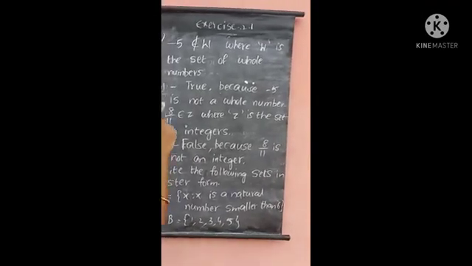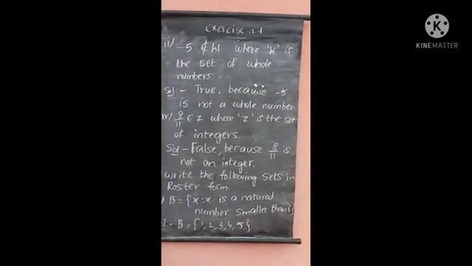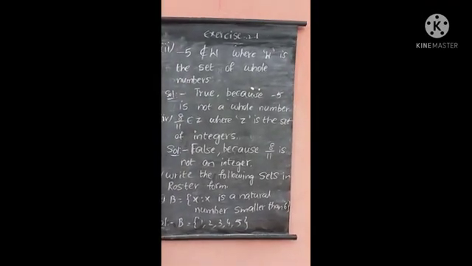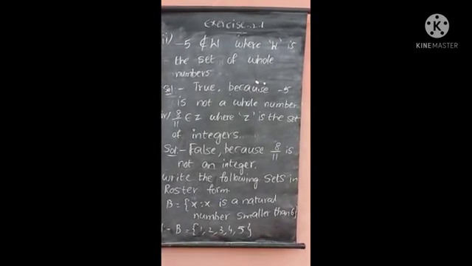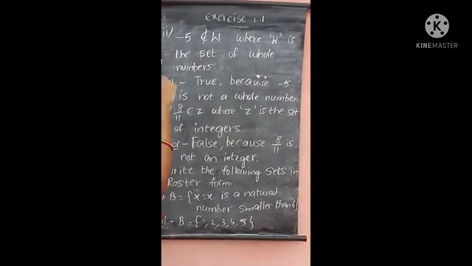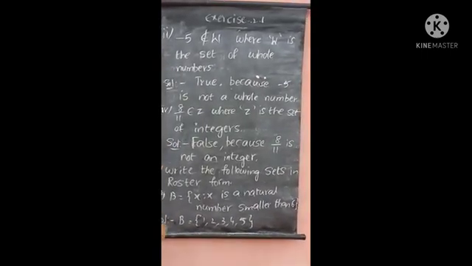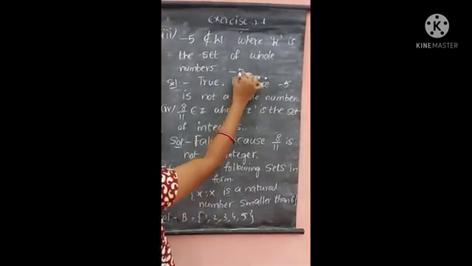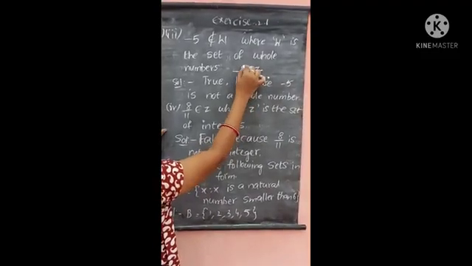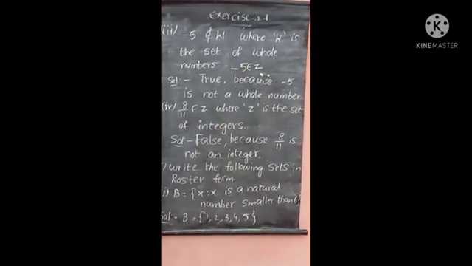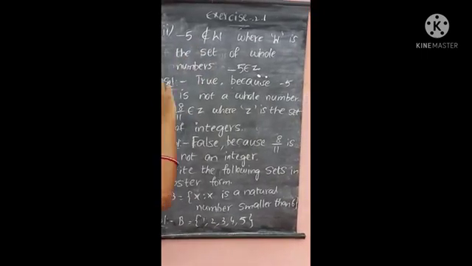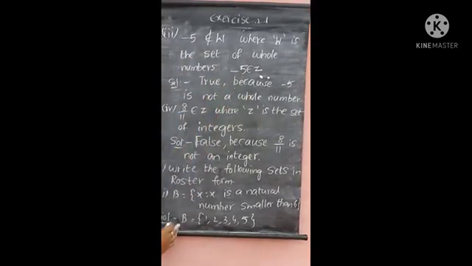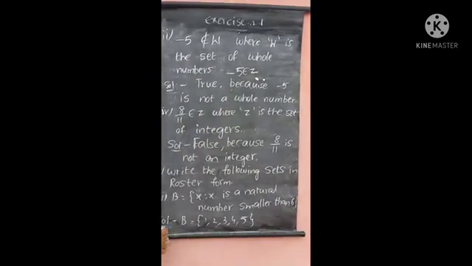What are the integers here? Integers means including 0, positive numbers and negative numbers. So in that minus 5 will be there. If the given statement is minus 5 belongs to Z, then the given statement is true. Minus 5 does not belong to W is also true, and minus 5 belongs to Z is also true.